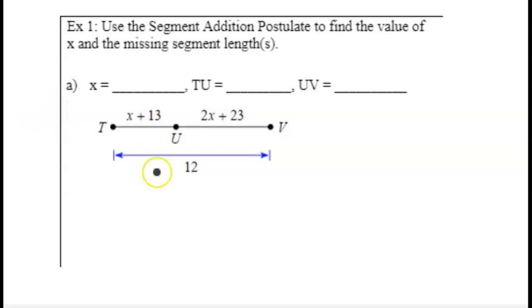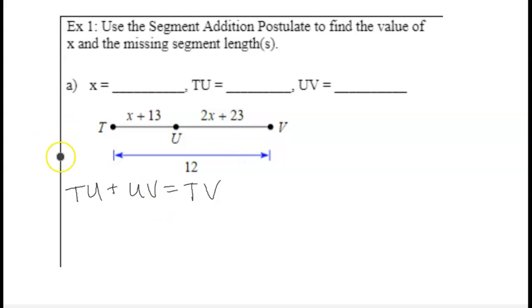So keep in mind that part plus part equals whole. Here, my parts are from T to U, from U to V, and then my whole thing goes from T to V. So I could say TU plus UV equals TV, right? From here to here, here to here, gives us the whole thing.